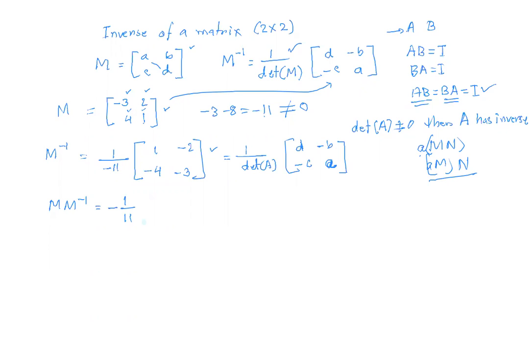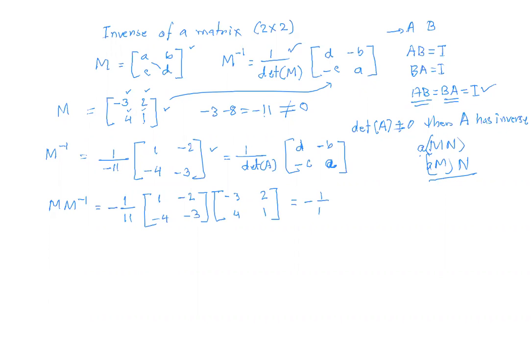So I'm going to do 1, -2, -4, -3 and the original matrix -3, 2, 4, and 1. Just multiply them first.